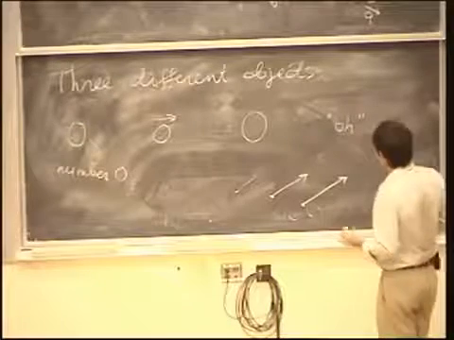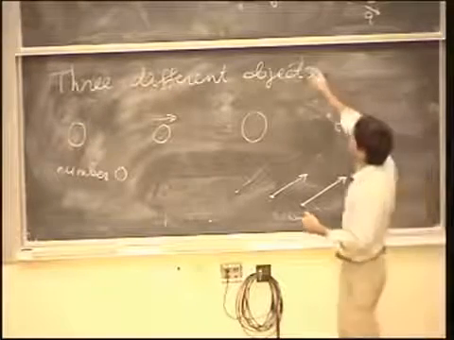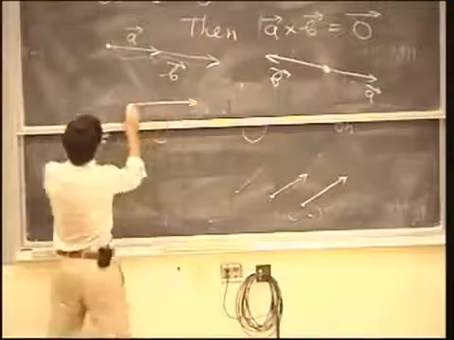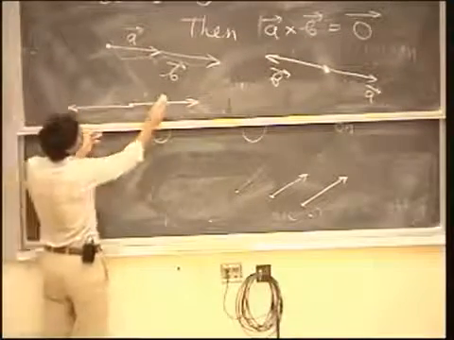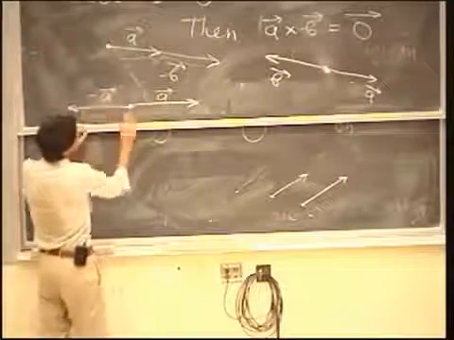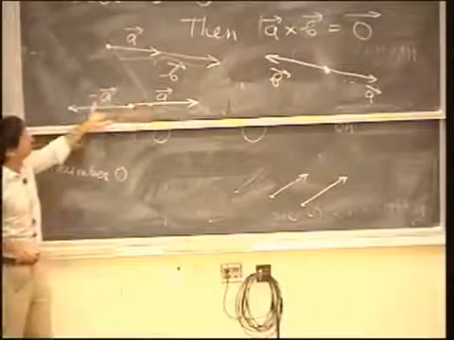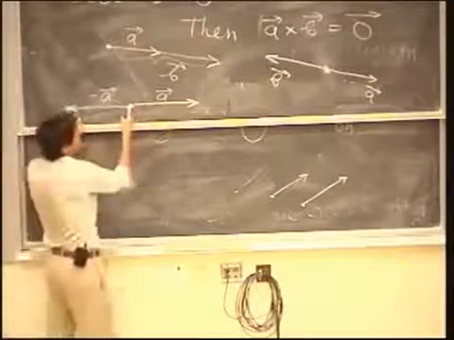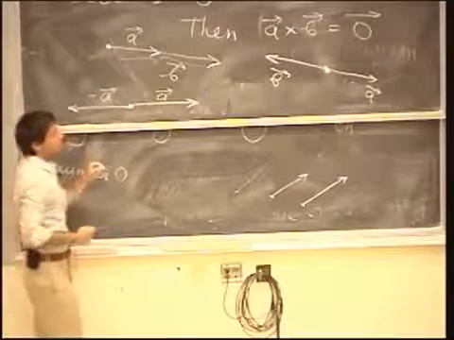So for instance, we can take two vectors which are pointing in the opposite directions and which have the same length. Such vectors we can call A and negative A. Negative A simply means that it has the same magnitude but points in the opposite direction.